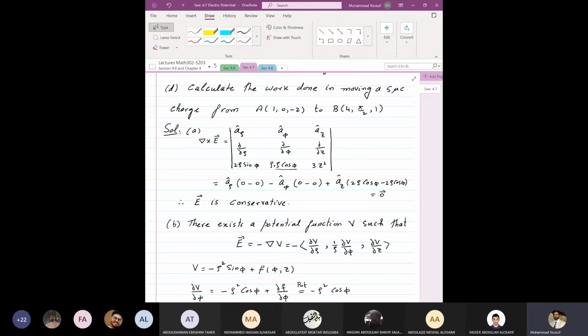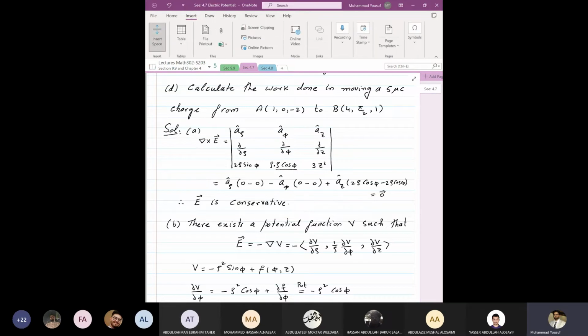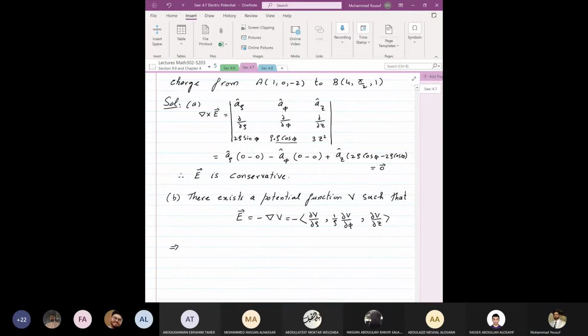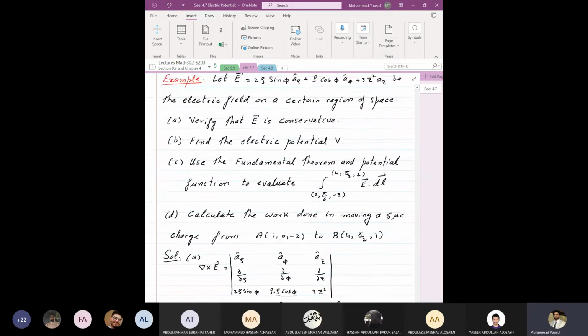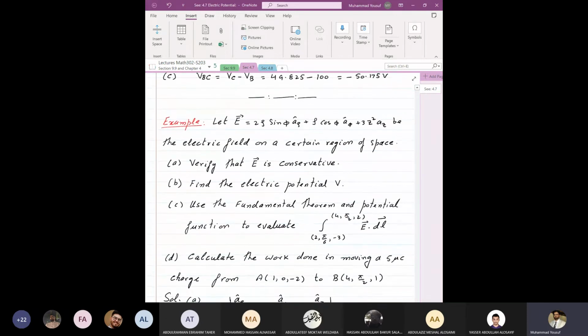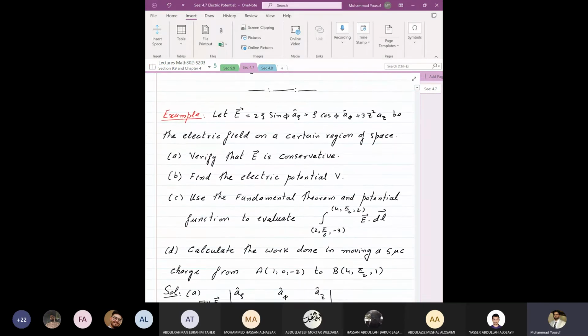Okay, I think I need to put some space and fill in the gap here. Maybe it was there, but I deleted it or did something. I don't know. So this implies partial V over partial rho is equal to the first component with negative, because I put negative over there.